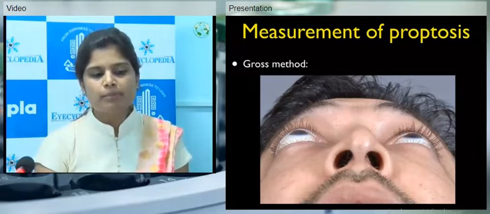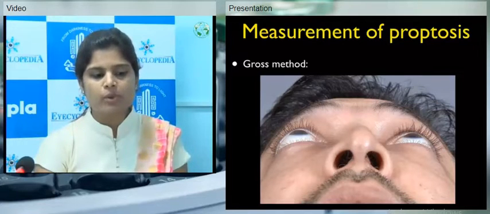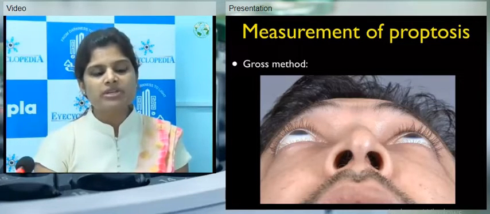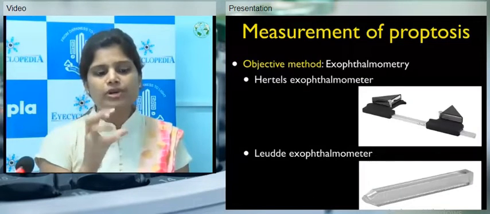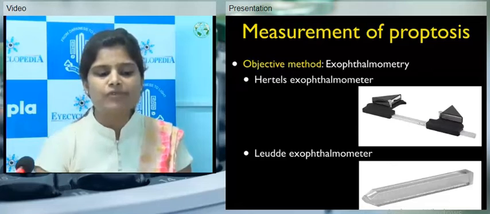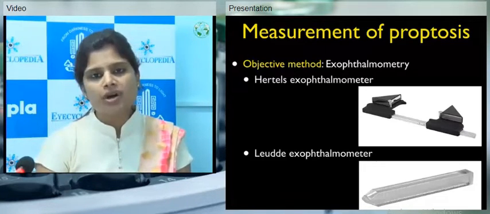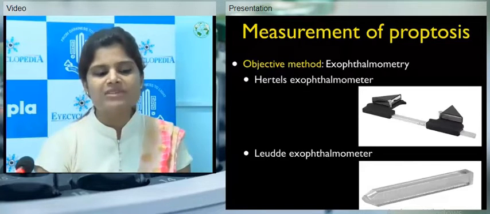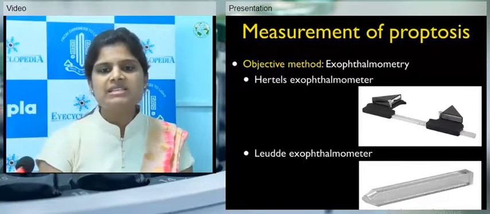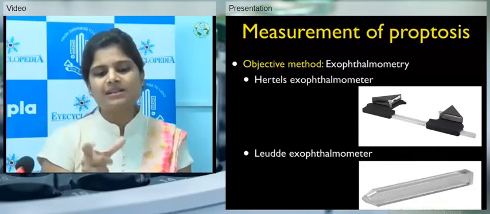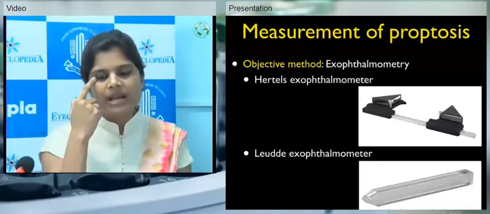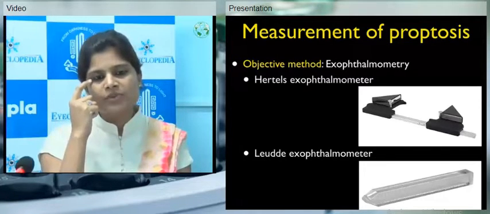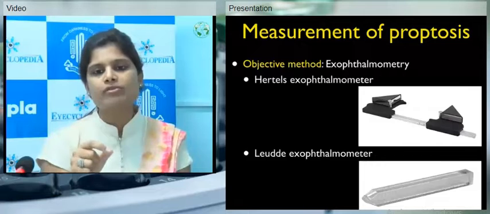But we should remember that both Hertel's exophthalmometer and Luedde's exophthalmometer need the lateral orbital wall as a reference point. So the lateral orbital wall should be intact for us to use any of these instruments. If you do not have these exophthalmometers, the easiest way is to use a simple ruler placed at the lateral orbital rim, and then measure the distance from the lateral orbital rim to the apex of the cornea.